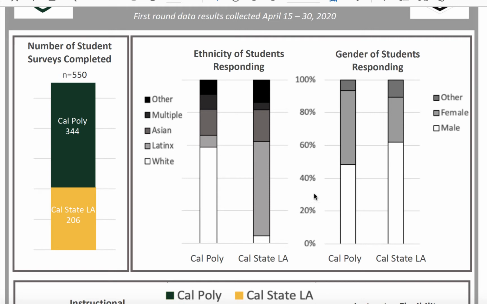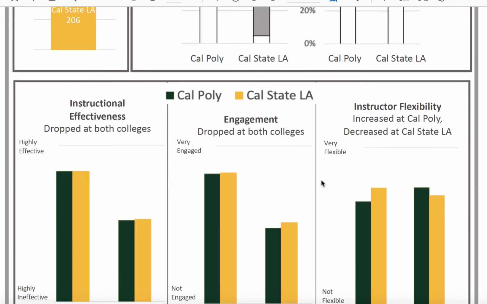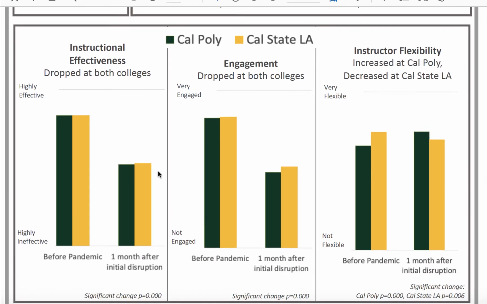And then after you do that sort of breakdown of categorical data, you can go into answering and analysis of the questions. In this case, I have the data from before the pandemic and after the pandemic related to instructional effectiveness. And you see here, I have a significance test.